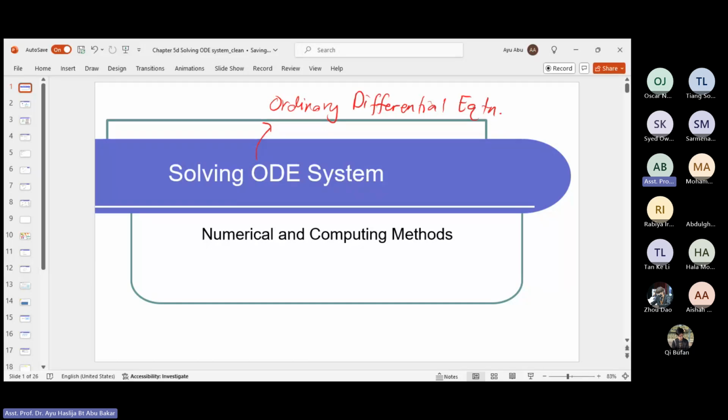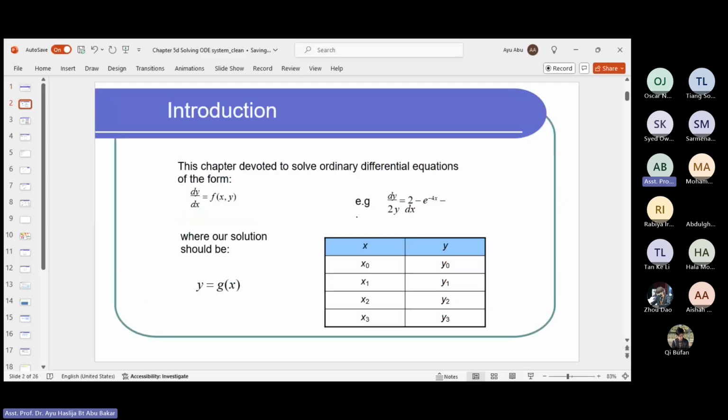We will use this kind of ODE system to predict the new point. We have come across this many times in the previous topic, where we know that the dy dx is equivalent to the slope.